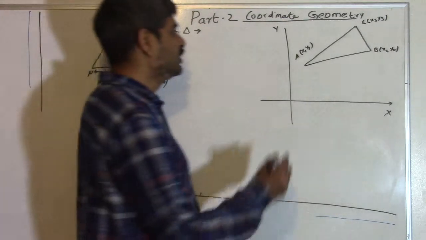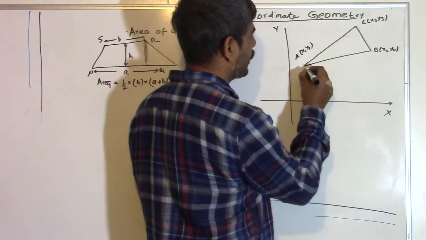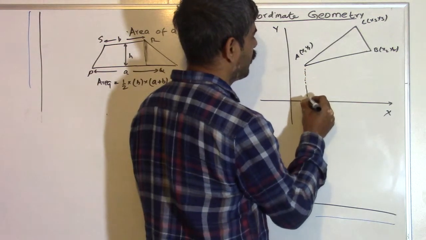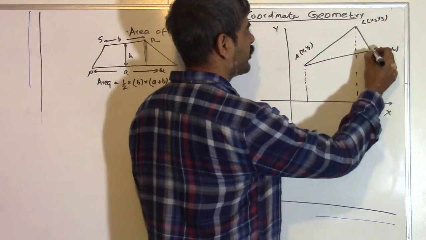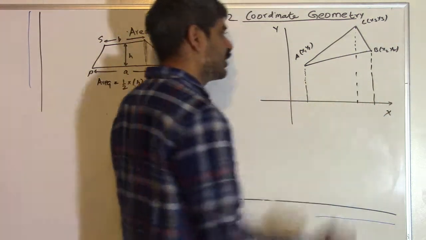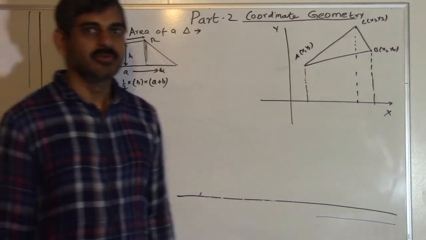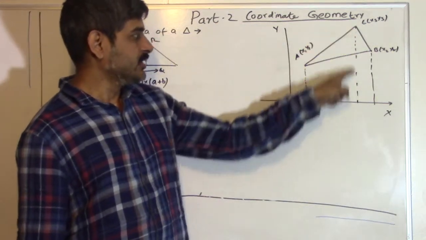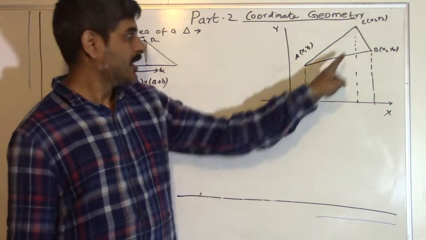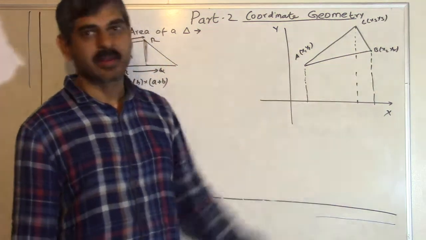If you look closely, I draw perpendiculars from these points on the x-axis, and this becomes a trapezoid. These two lines are parallel, and in the same way these two lines are parallel.